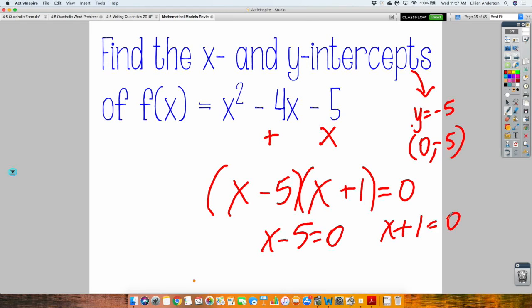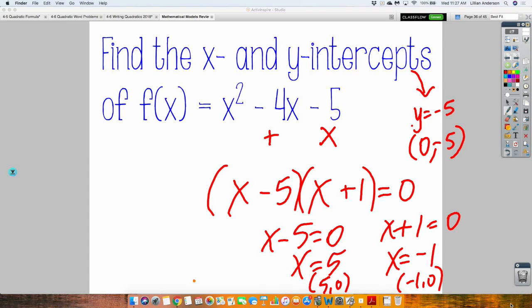So you have to factor it. It has to add to give you -4 and multiply to give you -5. Set both of those equal to 0. X equals 5 and x equals -1, or (5, 0) and (-1, 0).